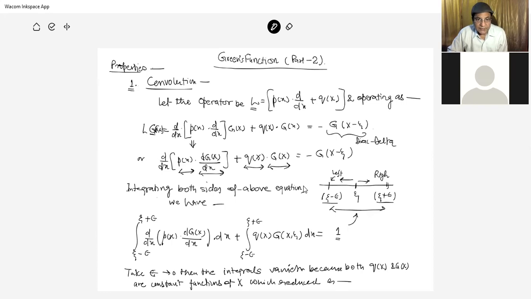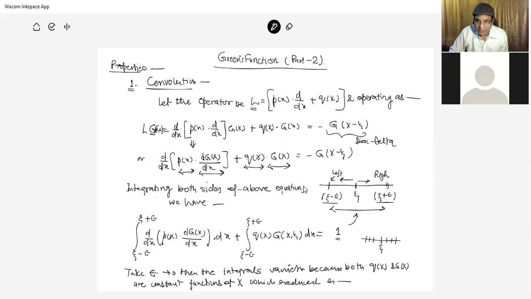Take epsilon tending to 0, then the interval vanishes. What I mean to say is, you see this is xi, and here it is xi minus epsilon and xi plus epsilon, and this epsilon is decreasing.